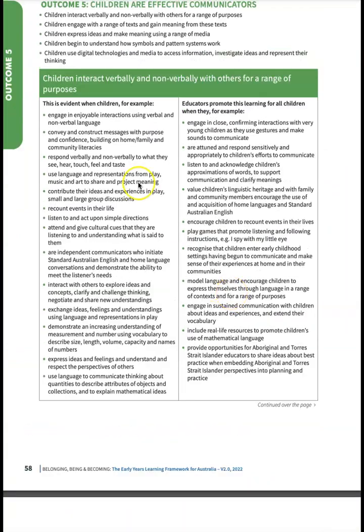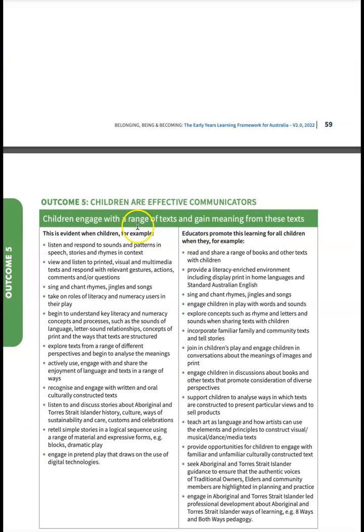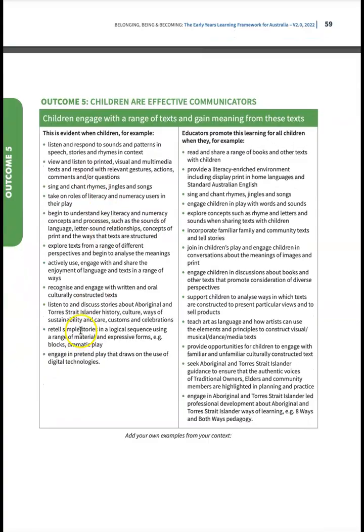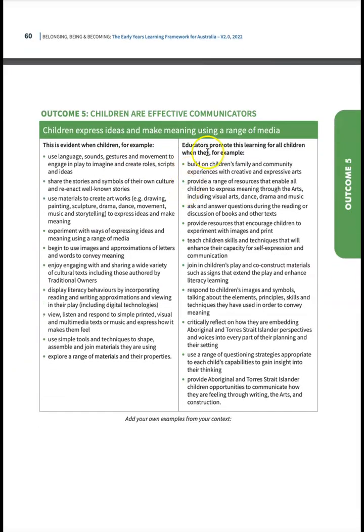And we see here that children interact verbally, non-verbally. Children engage in a range of text and gain meaning from the texts. Yeah. Children express ideas and make meaning using a range of media. That's where we are. So the child was drawing circles and their closed shape, and also they told the educator that this is their name.